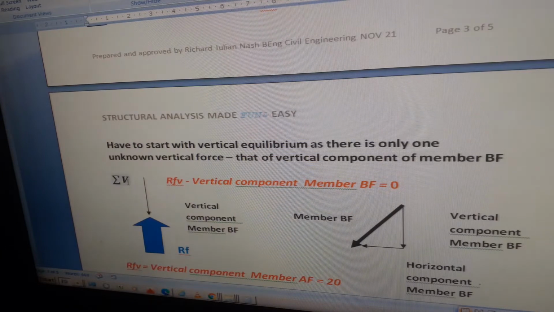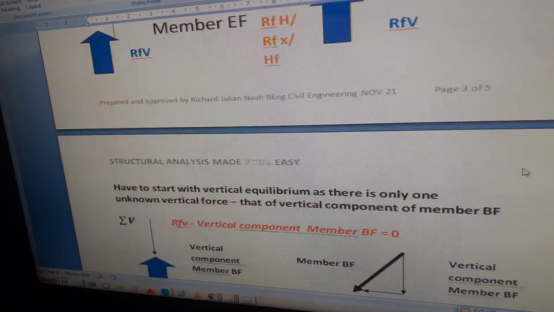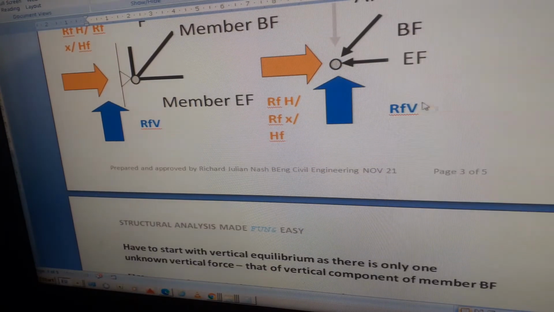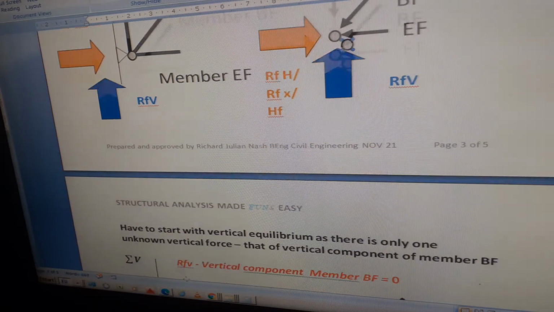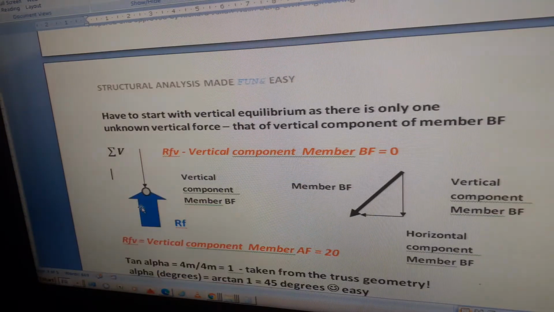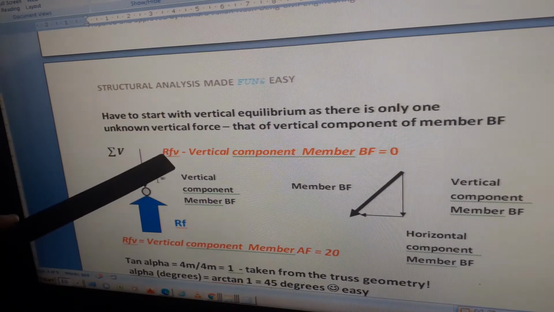Therefore, sum of vertical forces. Here's the force diagram for the vertical forces only.